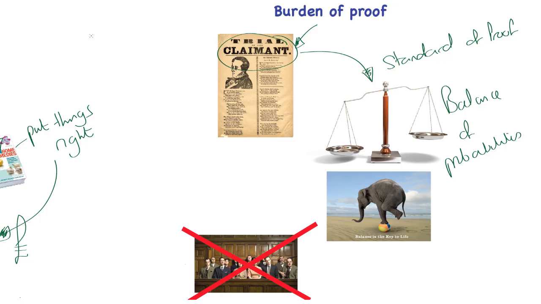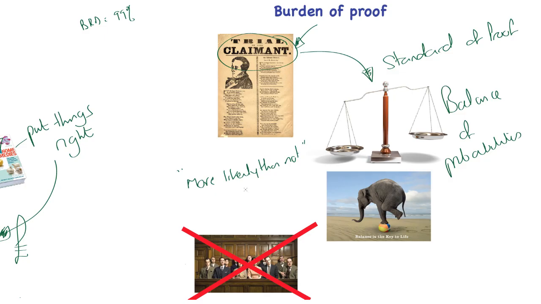And beyond reasonable doubt, I'll just write it up here, beyond reasonable doubt, we said was about 99%. You've got to be about 99% certain. The balance of probabilities is more likely than not. It is more likely to have happened than it is not likely to have happened.